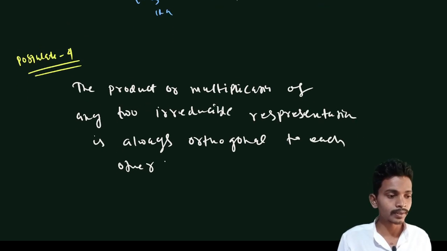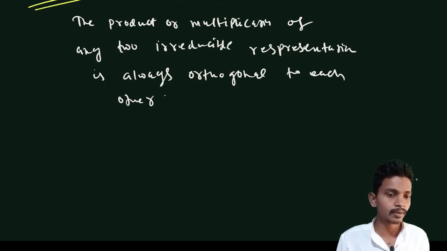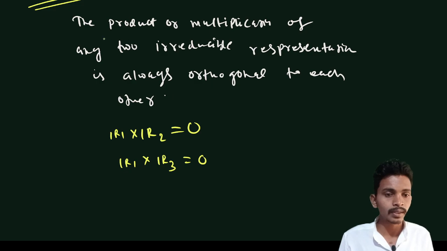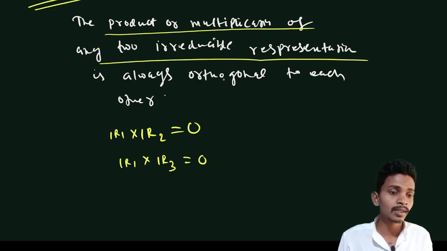Let's say IR1 into IR2 is orthogonal, meaning it is 0. Likewise IR1 into IR3 is orthogonal to each other. The product of any two irreducible representations is always orthogonal.